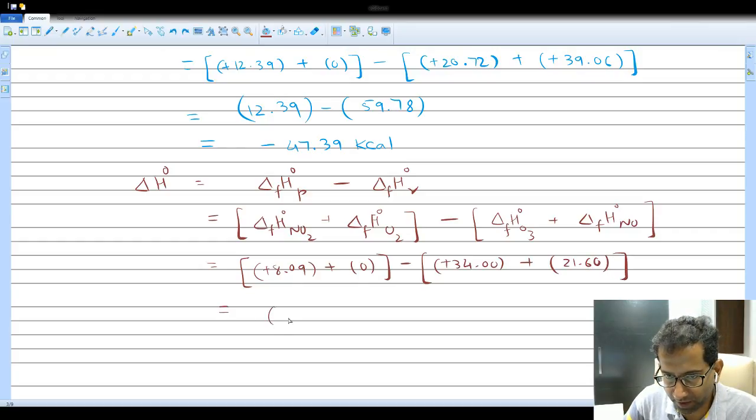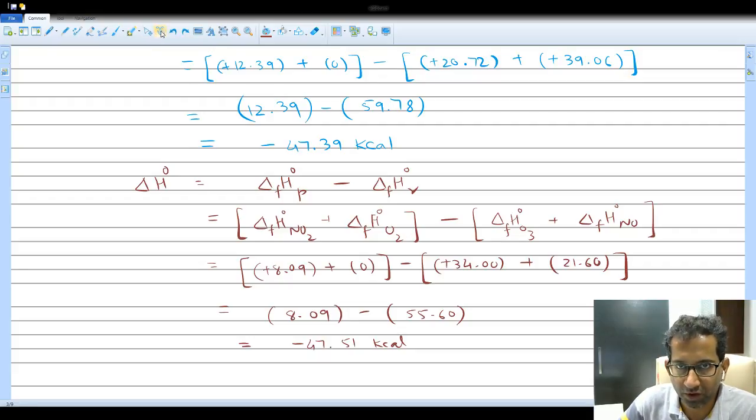This is simplified as 8.09 minus 55.60, resulting as minus 47.51 kilocalorie.